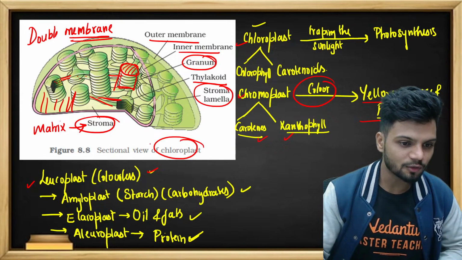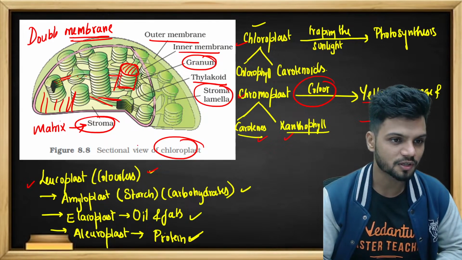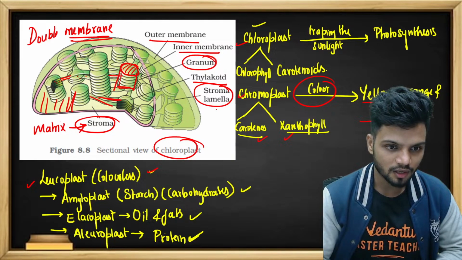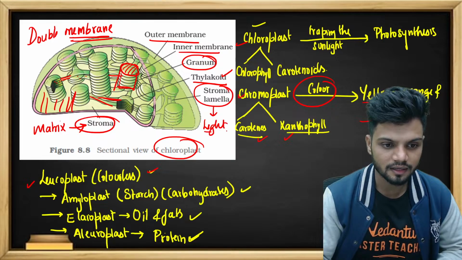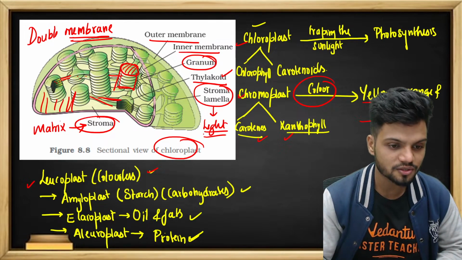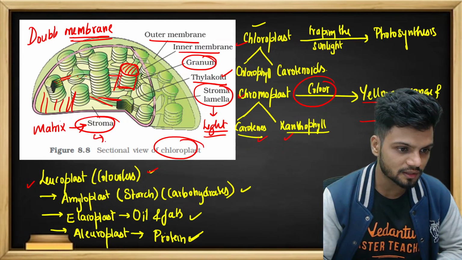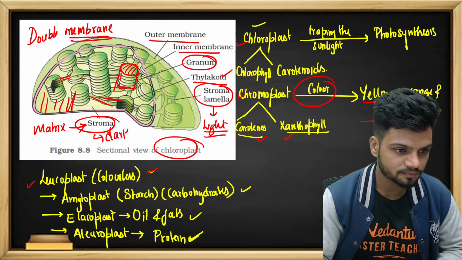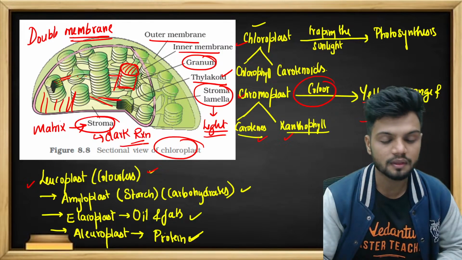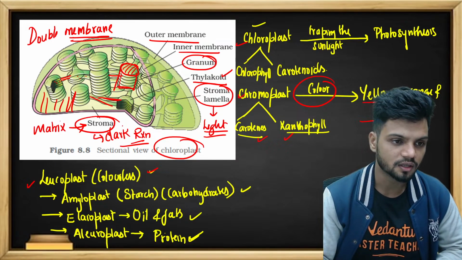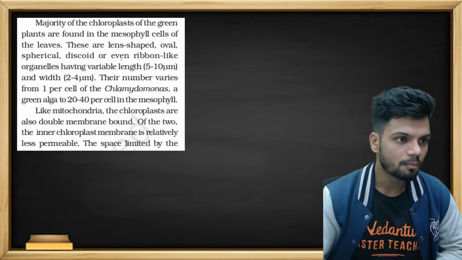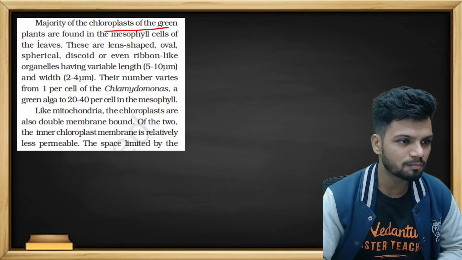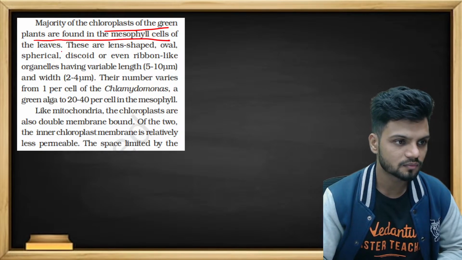So there are three different types of plastids: chromoplast, chloroplast, and leucoplast. A question can come from any part of this. Now I'll tell you some extra information. In the stroma lamellae and thylakoid, the light reaction happens. In the stroma, the dark reaction takes place. Remember that. The majority of chloroplasts of green plants are found in the mesophyll cells of the leaf.